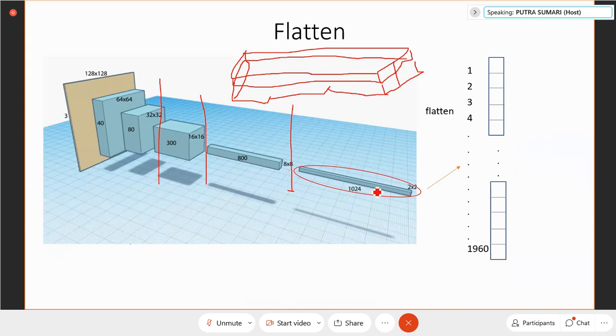The smaller it is at the end, the smaller the neural network input becomes. If you put this one, the input is bigger compared to this one. It's like trial and error. Yes, trial and error.